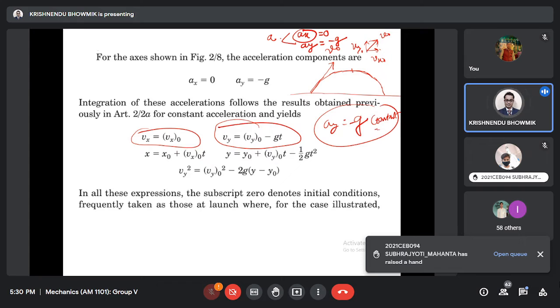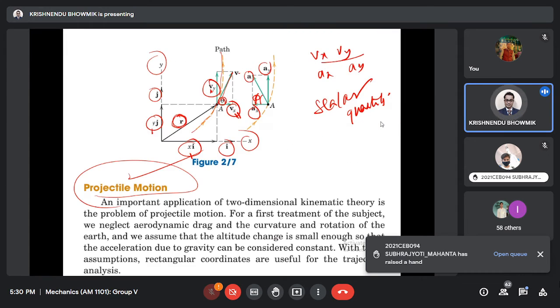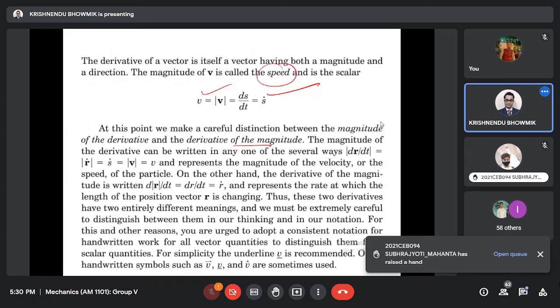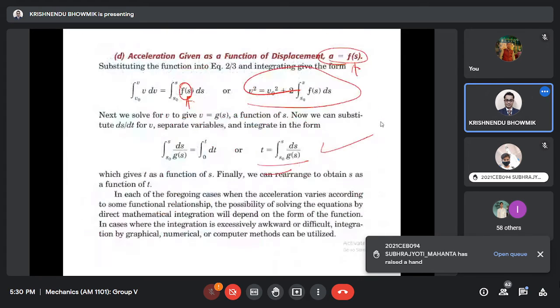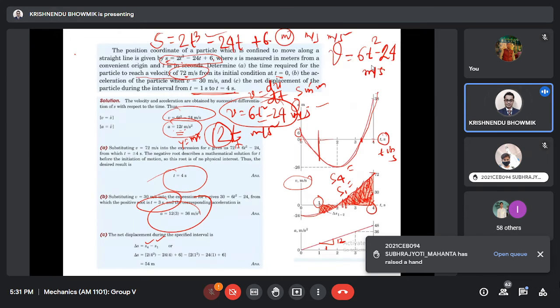As this is constant, it will come out of the integrations which I have shown before. There are different integration formulas. Earlier a was a function of time, but here a equals a constant, minus g in this problem.